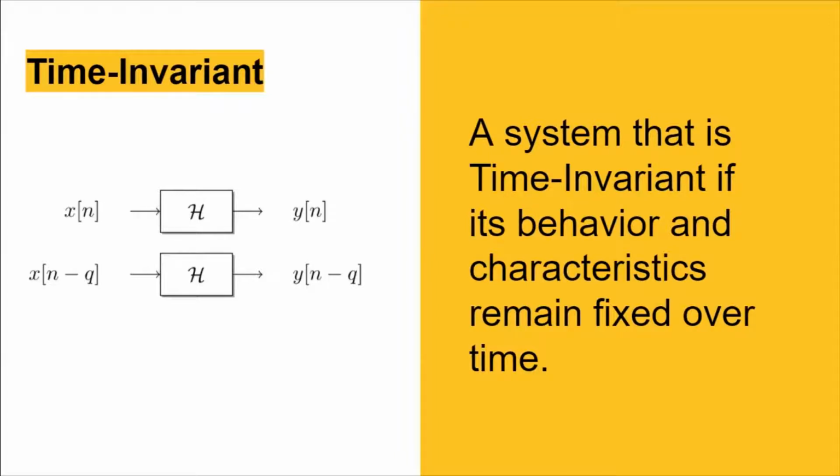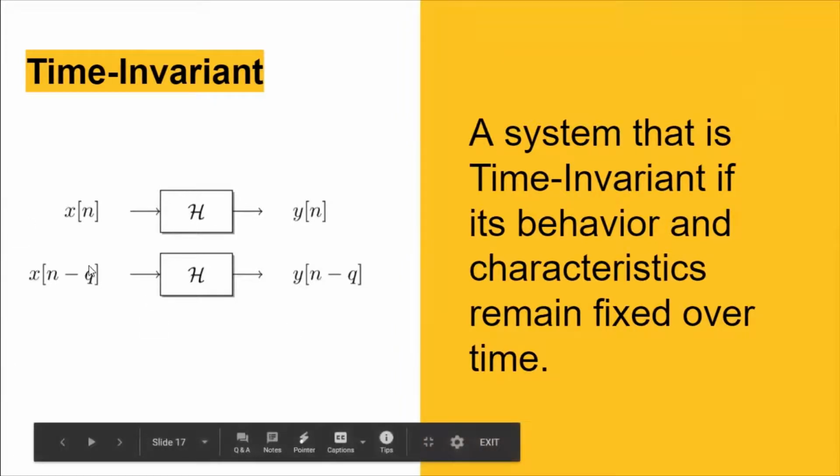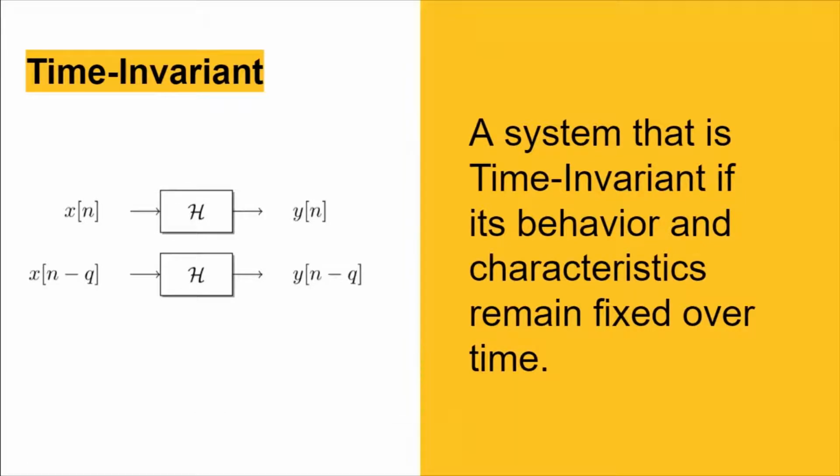Basically, if you take your x of n, your input signal, and do a time shift, your y of n, your output signal, would also be time shifted by the exact same amount. That's what's represented here on the bottom: an x of n minus q, after it goes through the system, gives us a y of n minus q. If that did not happen, we would say the system is non-time invariant.